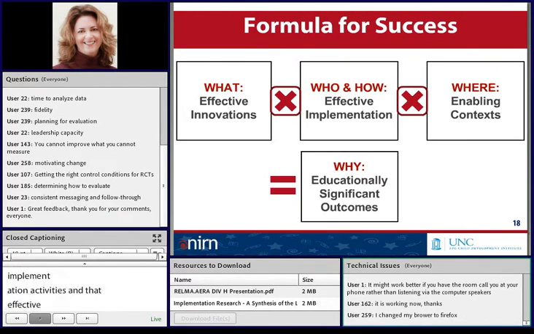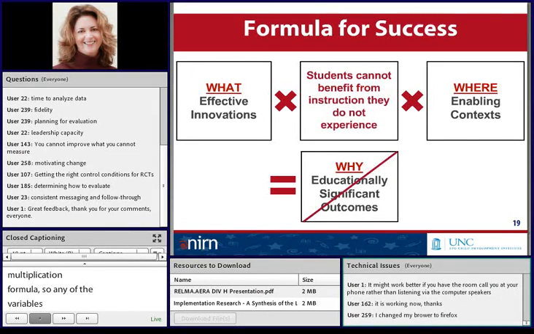It's got to be within an enabling context, or a hospitable environment, that's going to support the educationally significant or socially significant outcomes that we are shooting for in terms of our impact. It's a multiplication formula, so if any of those variables are low or null or zero, we see what happens. For example, we don't have the outcomes that we're looking for, and to repeat Dean once again, students can't benefit from what they don't receive.